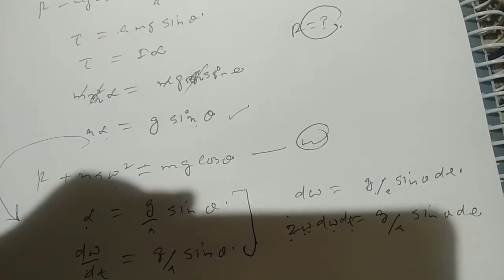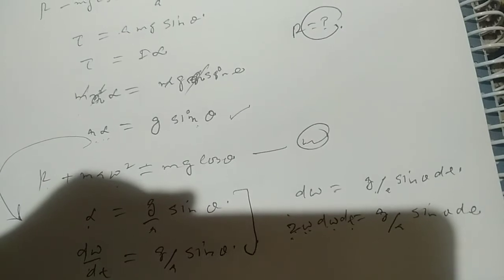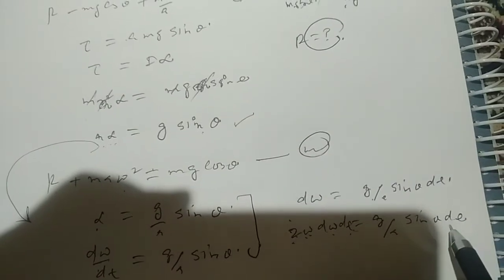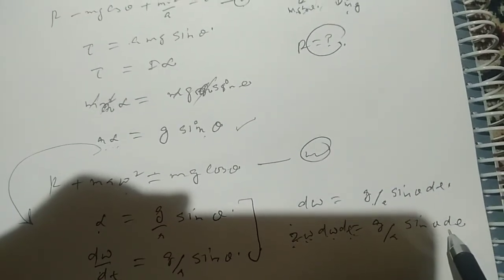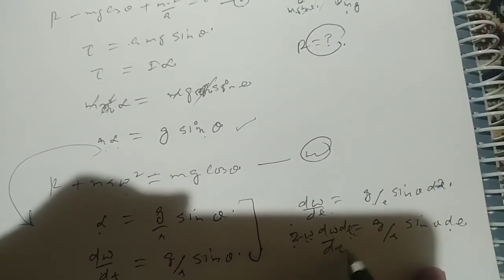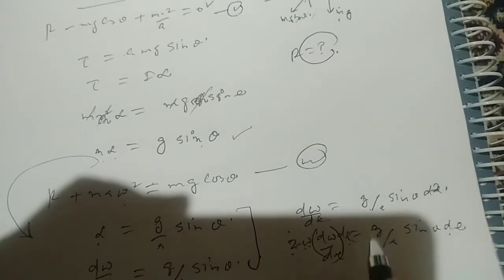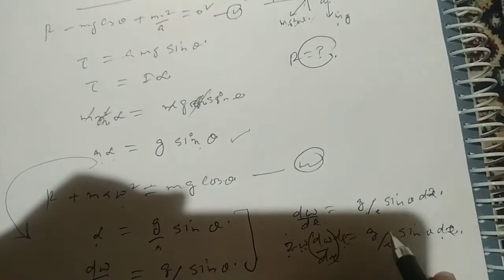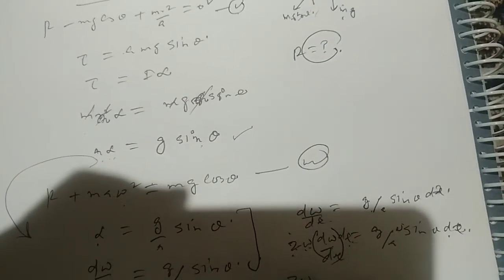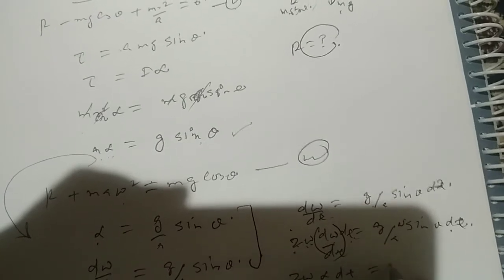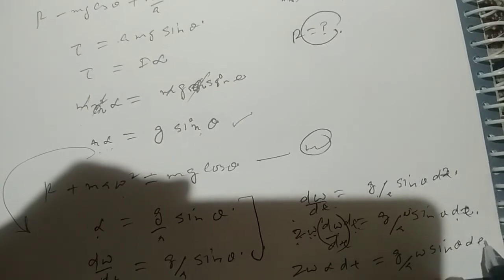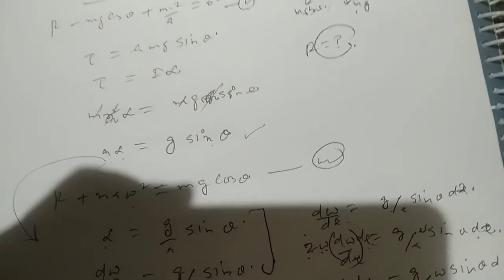Okay, what I got here, if I put this dt here for a moment, I will have dt d omega by dt, that's an angular acceleration, and I have here dt omega. Okay, so what I will get here, 2 omega alpha dt, it will be g by a omega sine theta dt.